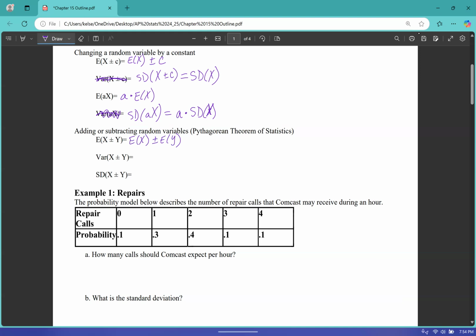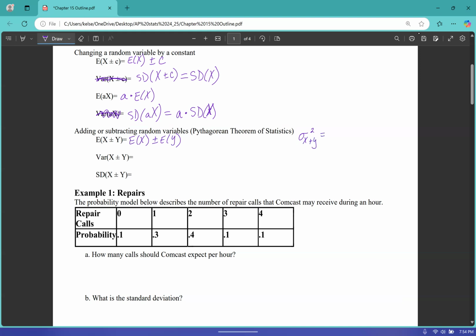Okay, and then variance, we're going to come back to that here in a second. So you see how we say Pythagorean theorem of statistics, right? Your variance is sigma squared. So you have sigma squared of x plus y. Start off with that one.